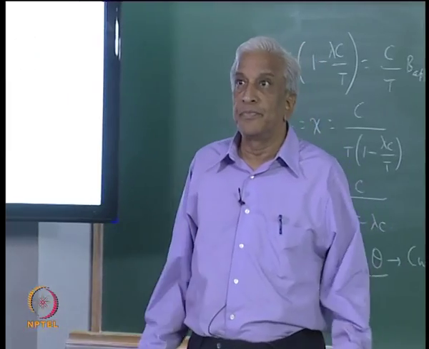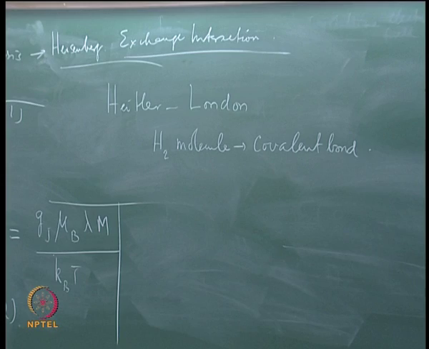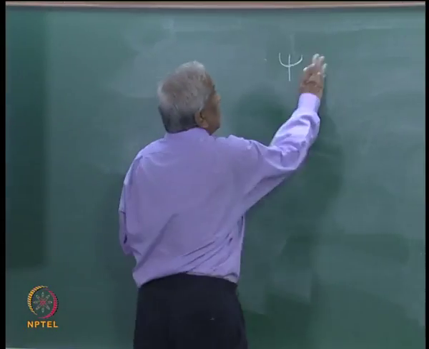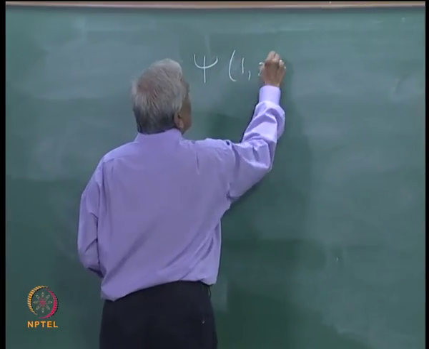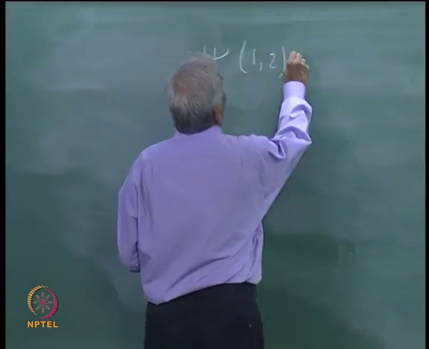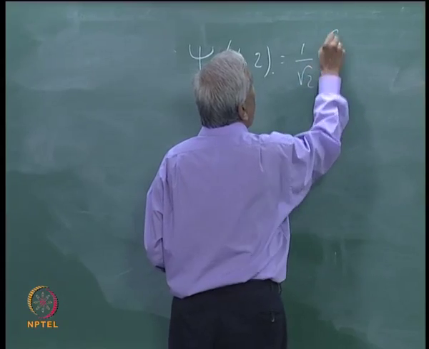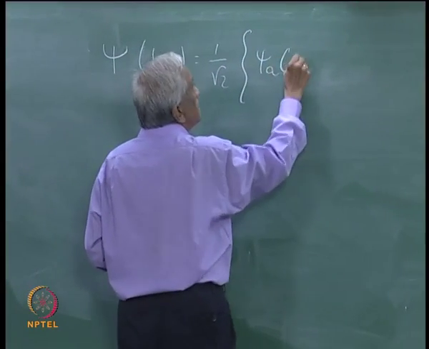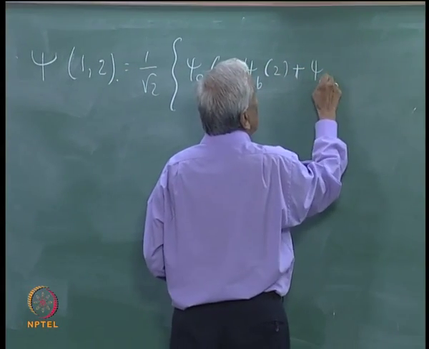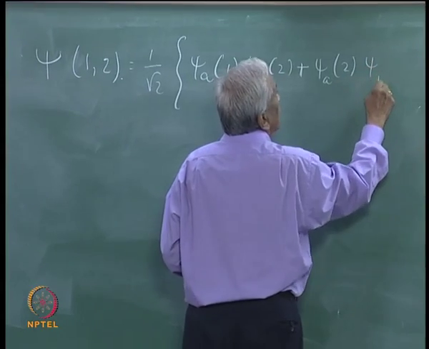Heitler and London considered this model of a homonuclear diatomic molecule like hydrogen, and stated that the electrons are shared between the two bonded atoms, so that a given electron belongs with equal probability to either of the two atoms. So, we can write the two electron wave function of such a state. Since it involves two electrons, let me write electron 1, electron 2. So, this will be 1 by root 2 (ψa(1)ψb(2) ± ψa(2)ψb(1)).